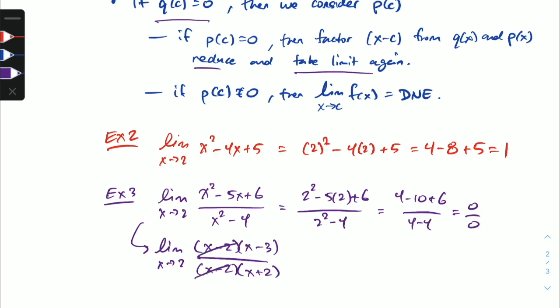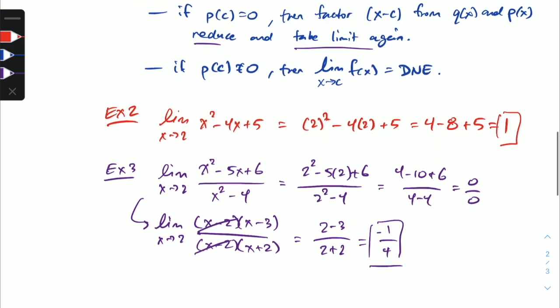The x minus 2's cancel. We can reduce. And then we'll have something we can put 2 into again. And hopefully this time we'll get something that's not indeterminate, not 0 over 0. We get negative 1 over 4. Okay, so that's nice. Again, if the numerator and denominator polynomials are both 0, then we can do this factoring.